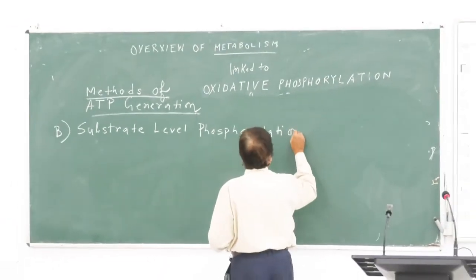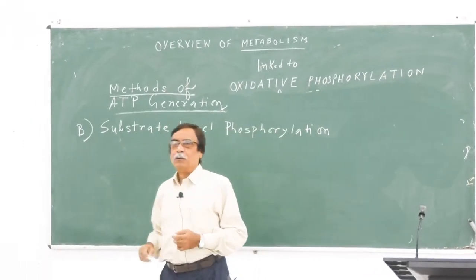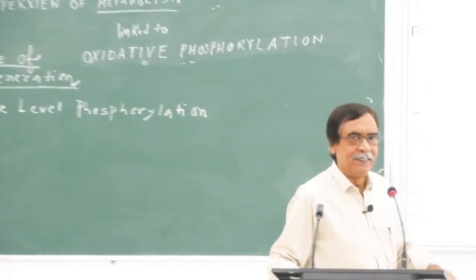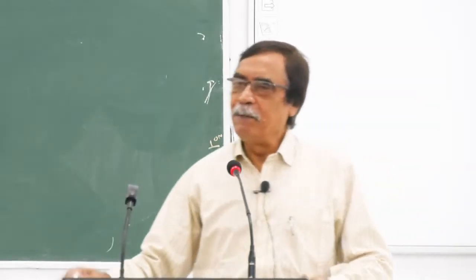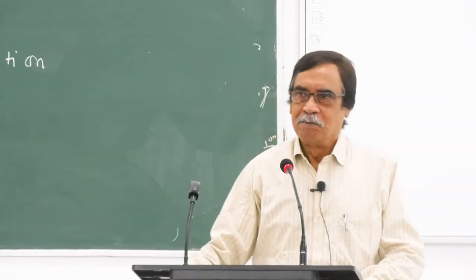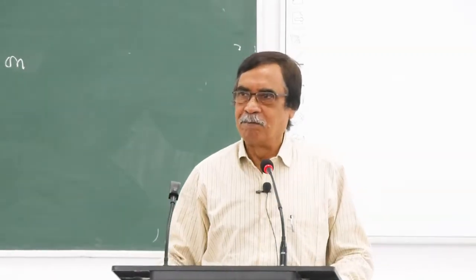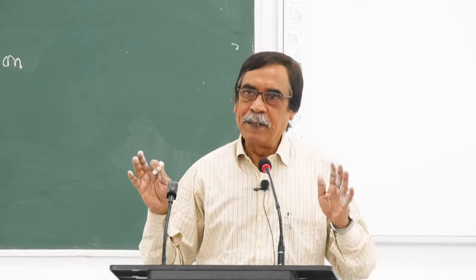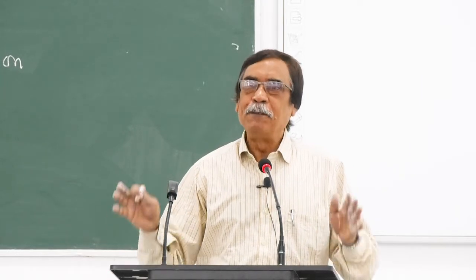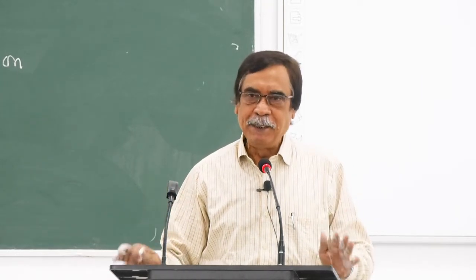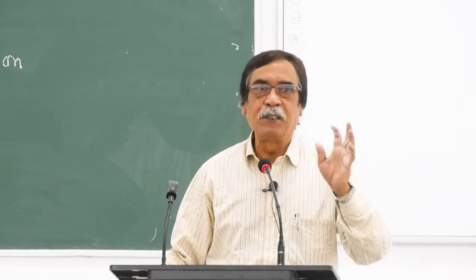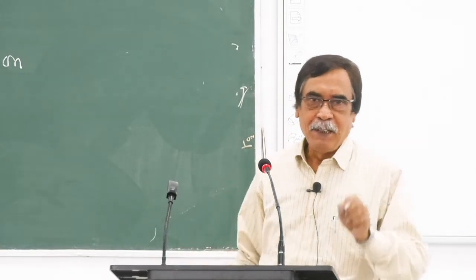That means phosphorylation occurs without the help of mitochondria, without oxygen, at the level of the reactants or substrates. Substrate level phosphorylation means generation of ATP by phosphorylation of ADP in absence of mitochondria, in absence of oxygen, at the level of substrates.